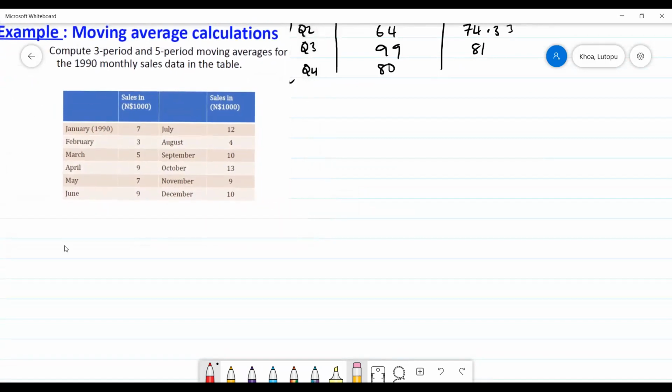We want to calculate the 3-period and the 5-period moving averages for the 1990 monthly sales data in the table. So we're given the sales values here. We have the sales from January to December. So these are in thousands of dollars. So this is 7,000, 3,000, 5,000, and so on. So we can just represent them as 7, 3, 5, 9 and so on.